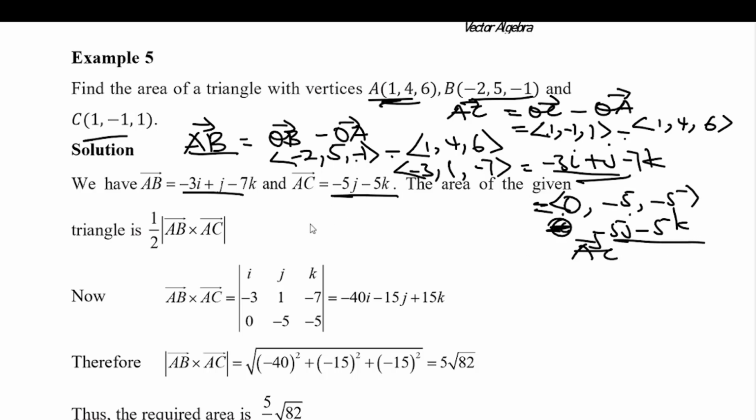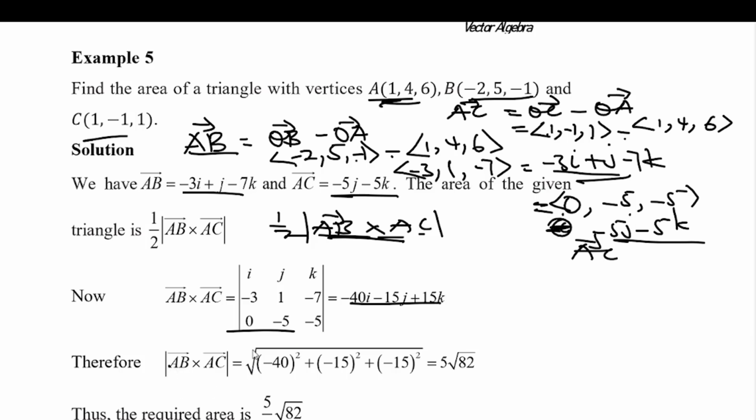So now the area of the triangle ABC is equal to half of AB cross AC. For that matter, we need to find AB cross AC by using the determinant approach, and that's from the concept of determinants. This is the final answer for this one.